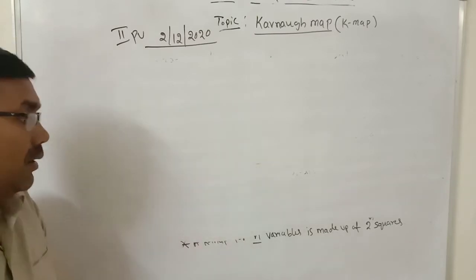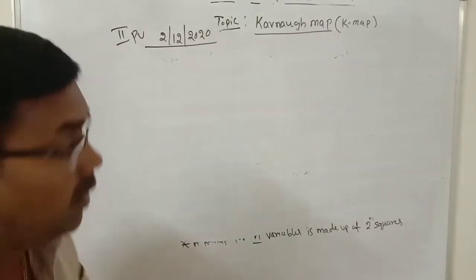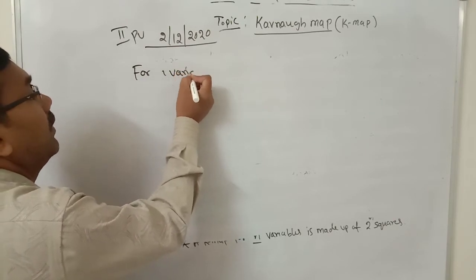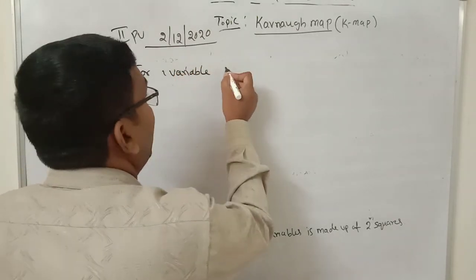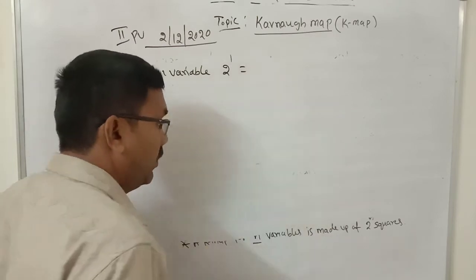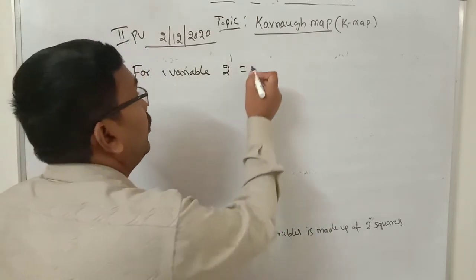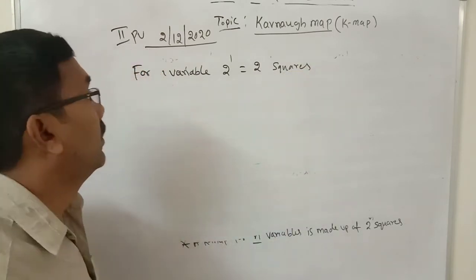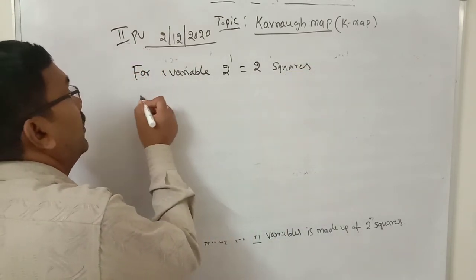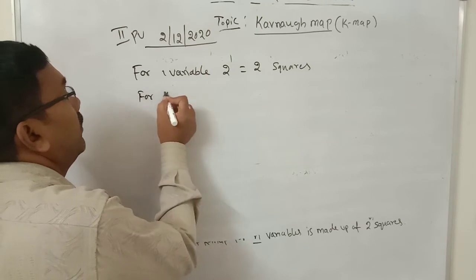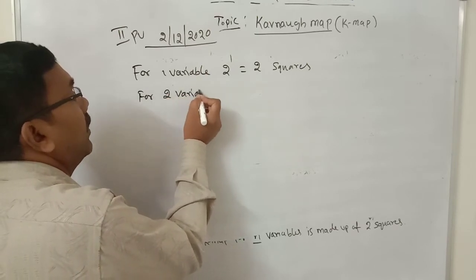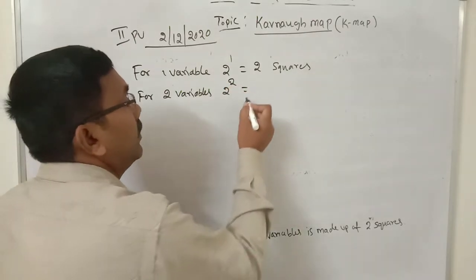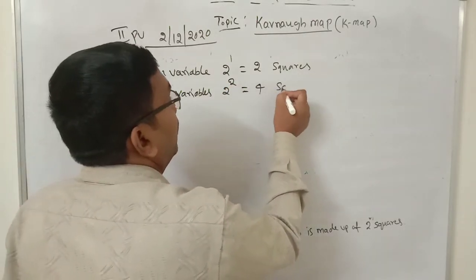If it is one variable, 2 to the power of 1 is equal to 2 squares. Similarly, for two variables, 2 to the power of 2, 4 squares.